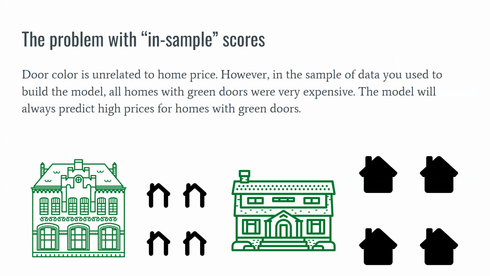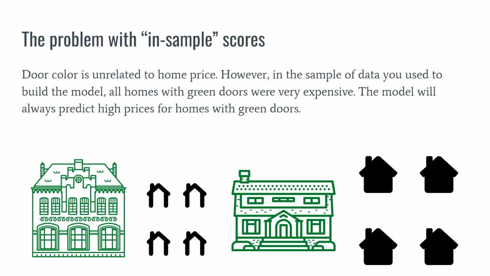so let's imagine in the large real estate market, door color is not related to home price. However, in the sample data you used to build the model, all homes with green doors were very expensive. The model's job is to find patterns that predict home prices.